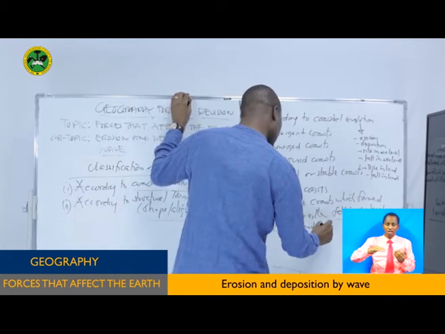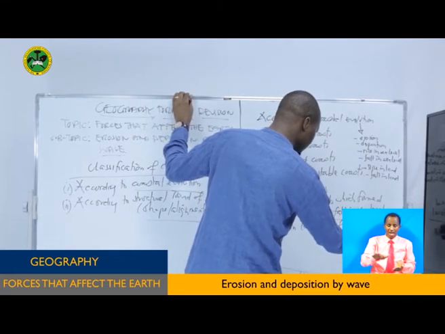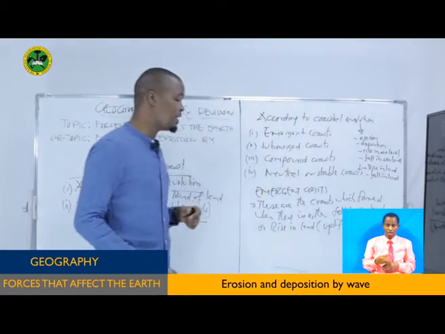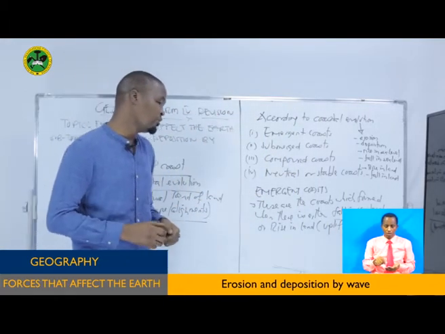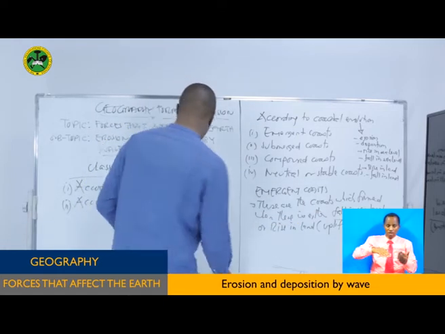It means we are talking about the uplift of the land. Listen to me very carefully. The emergent coast refers to the coast which formed when there is either fall in sea level or the rise in land.